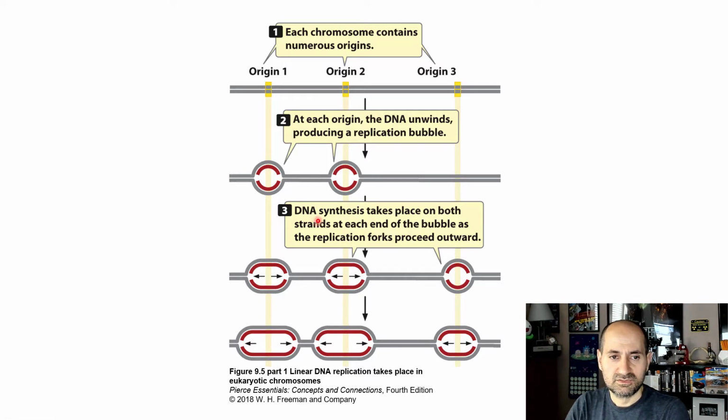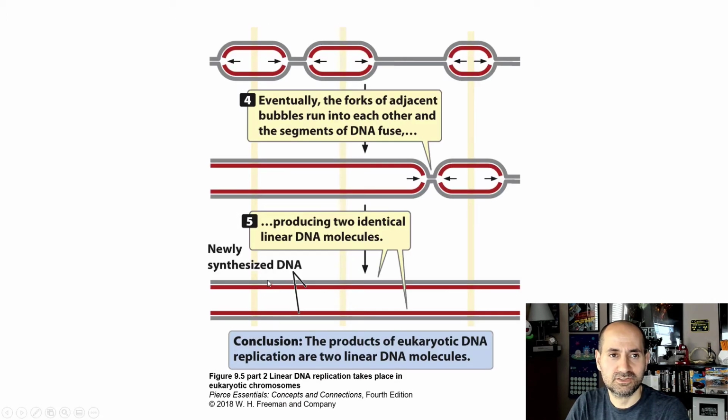So number 3 says DNA synthesis takes place on both strands at each end of the bubble as the replication forks proceed outwards. So you notice how the replication bubbles are heading towards each other until they bump into one another. And then eventually the forks do bump into one another. So the forks of adjacent bubbles run into one another and the segments of the DNA fuse.